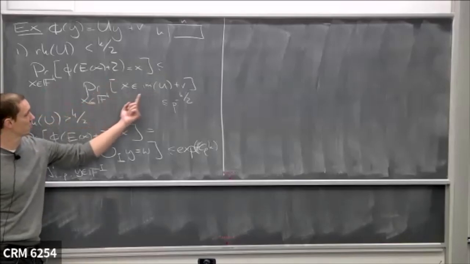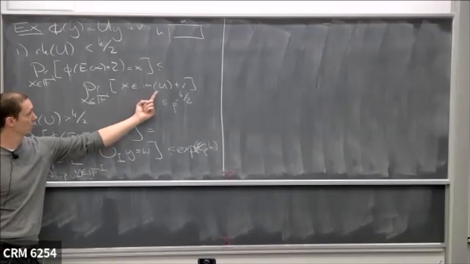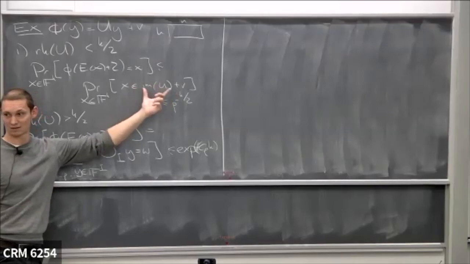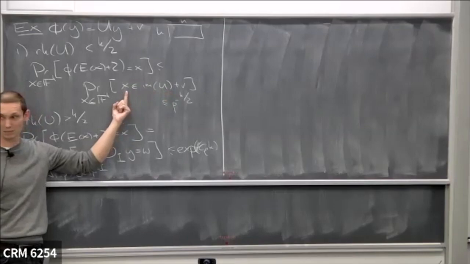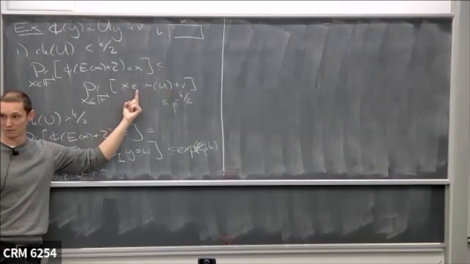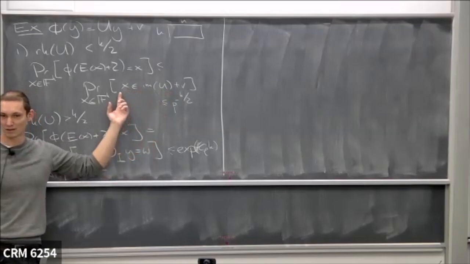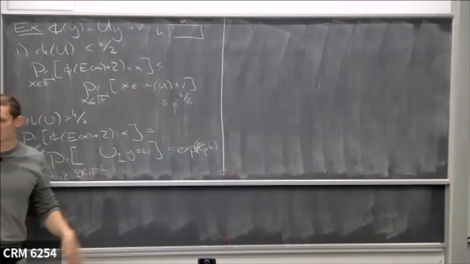So this image, let's see, could be right. So this image will be huge then. And so if you just look at this probability, that might be quite big actually. If this is a huge affine subspace, the probability that the uniform X lies in there could be constant, but the goal is to prove something very small.